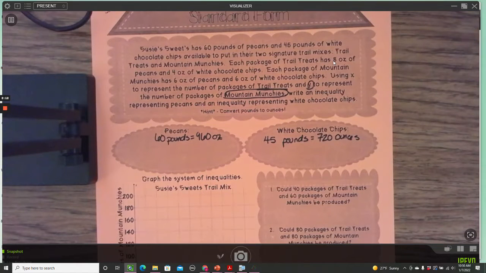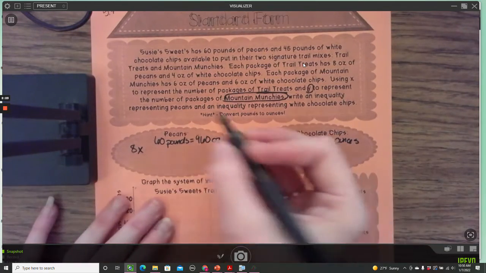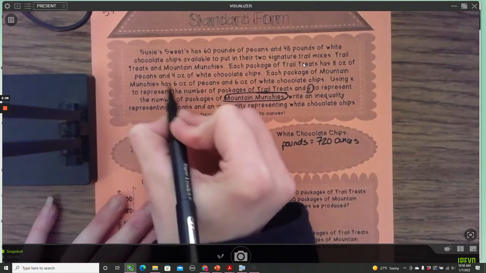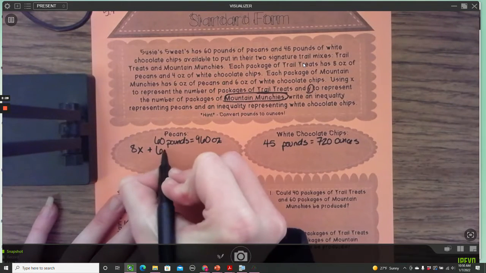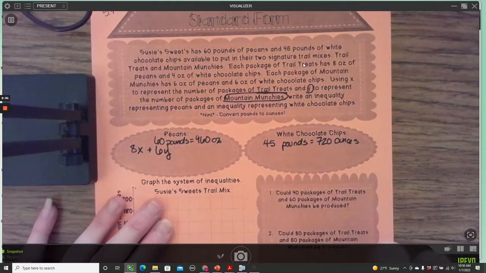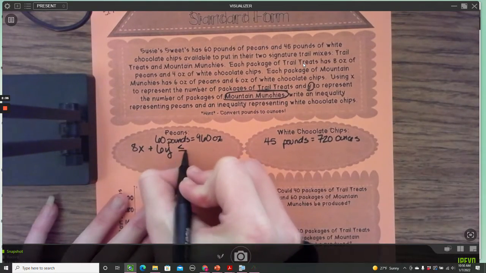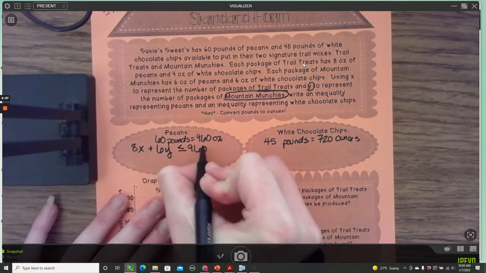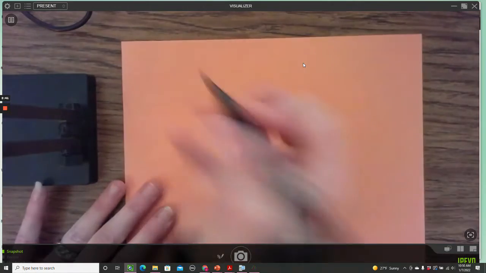Trail Treats is X, so 8 times X, for each pack of those Trail Treats, plus Munchies needs 6 ounces of pecans, 6 times Mountain Munchies, which is the Y, and that has got to be less than or equal to 960.